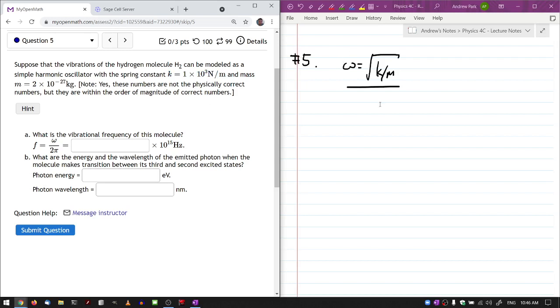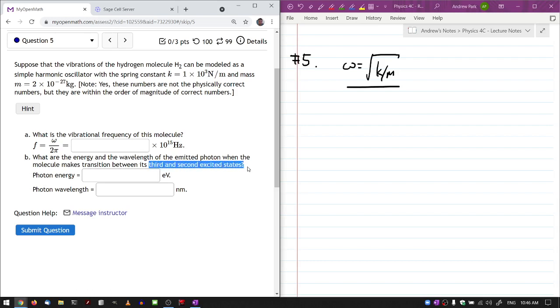So omega is the square root of k over m. So I think that gives the frequency f right away. You just plug in the numbers, that gives you the frequency. So what are the energy and wavelength of the emitted photon when the molecule makes a transition between the third and second excited states? What's important here is that these are adjacent excited states.